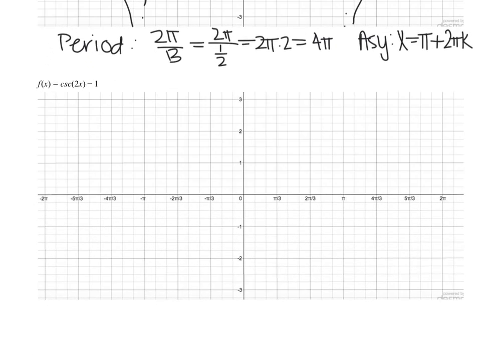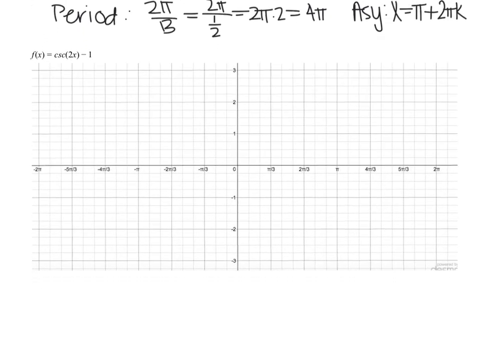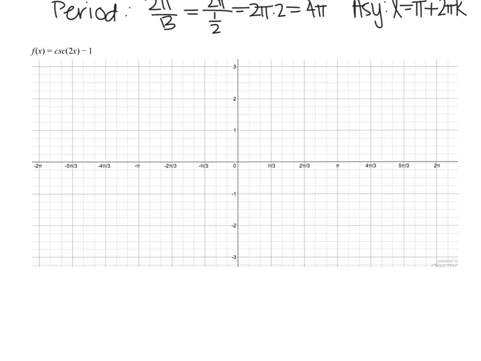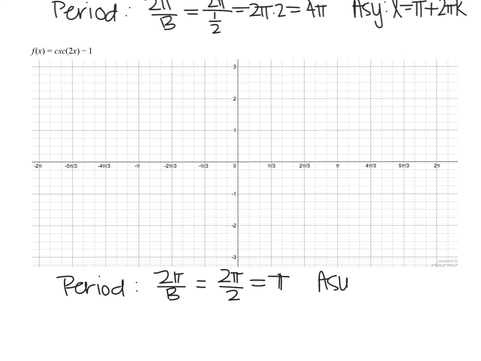Okay. Last example, we have f of x equals cosecant of 2x minus 1. So if we start with our period, it is going to be 2 pi over b, which b in this case is 2, so 2 pi over 2, and we get a period of pi. So that affects our asymptotes.